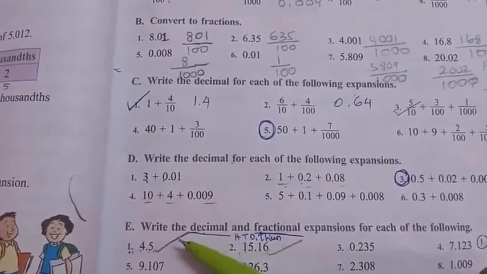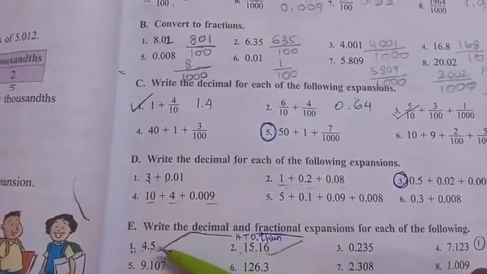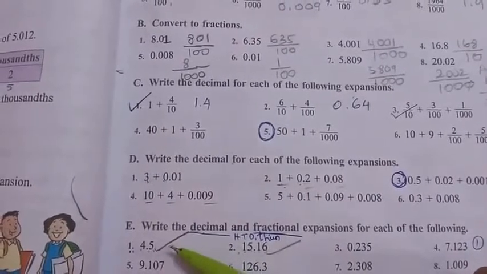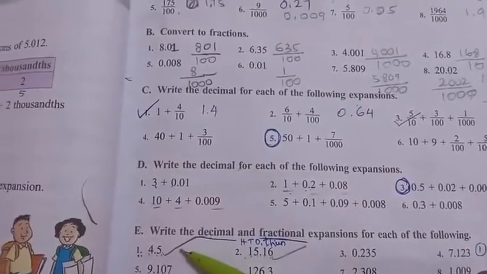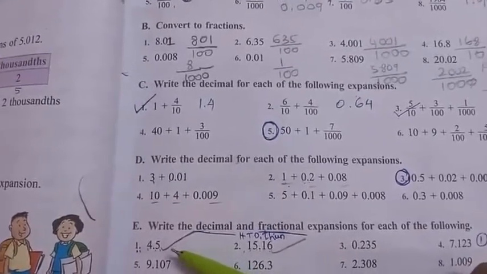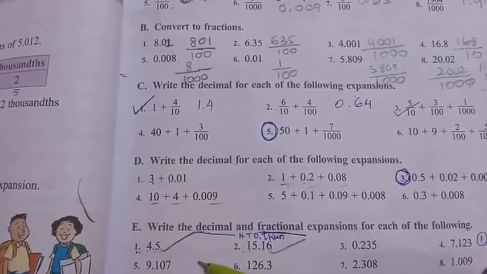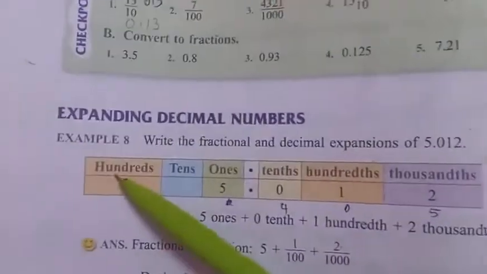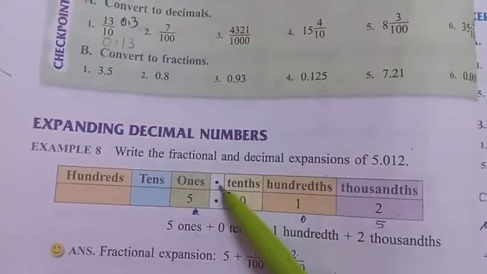We have learned this earlier, right? How to write in decimal form as well as in fractional form. Only thing, you must remember the place values of each number that we have learned. We will revise it before going. See, the point is there.